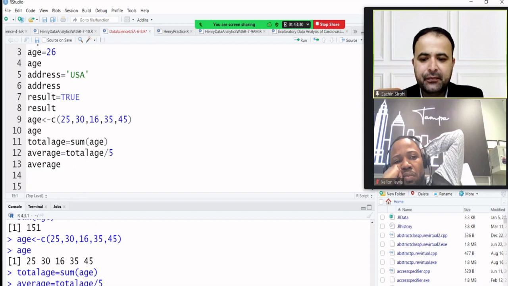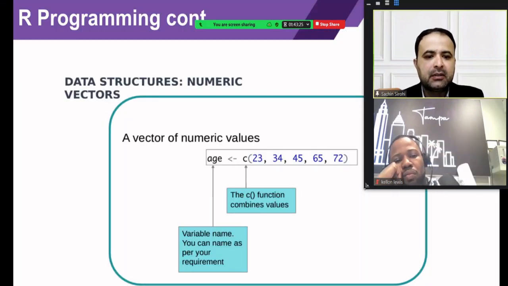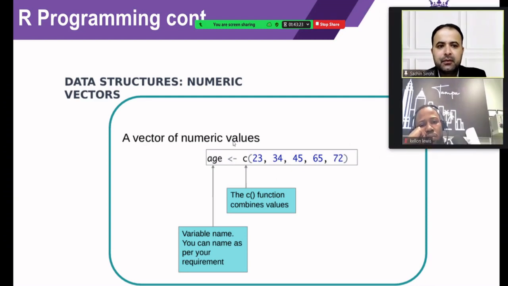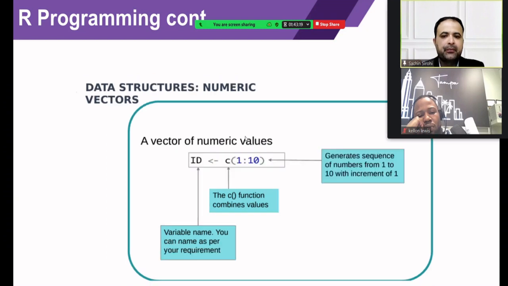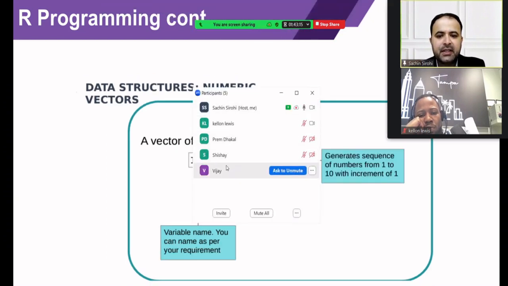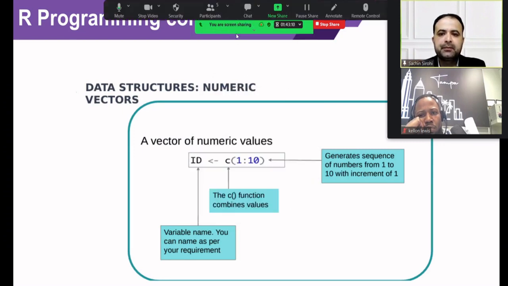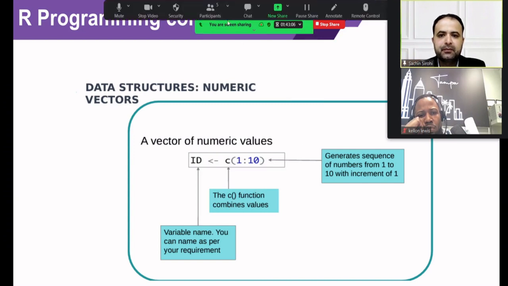The next thing is a vector. Okay, Prem and Sri and Vijay, any question, any problem you want to ask me? No, sir, this is straightforward. Okay, good.